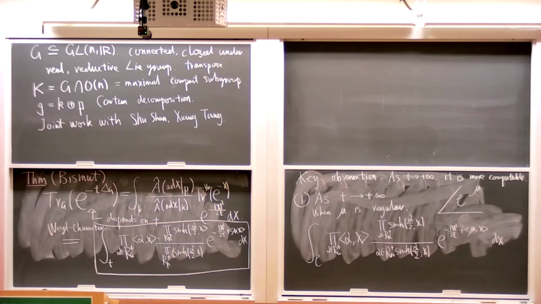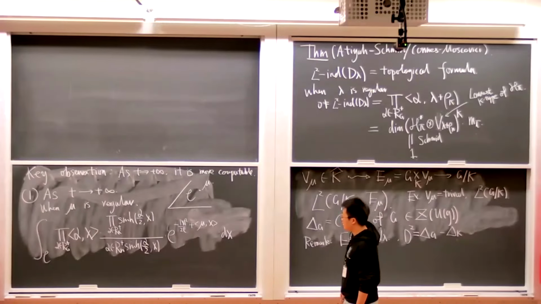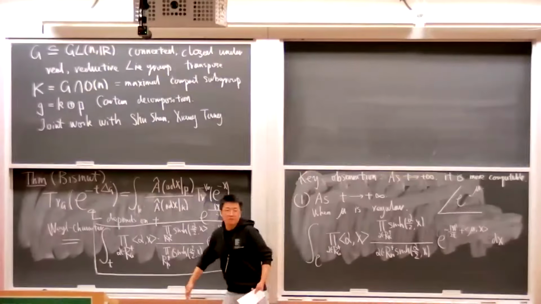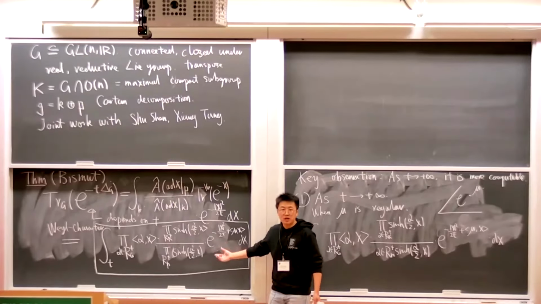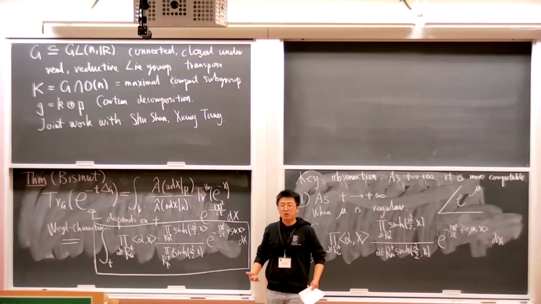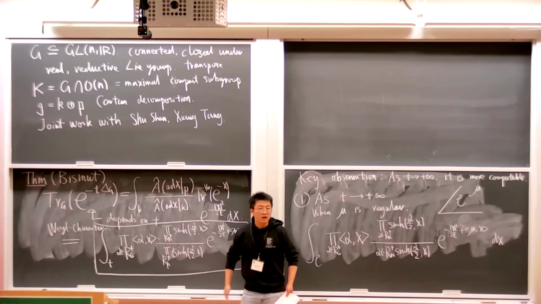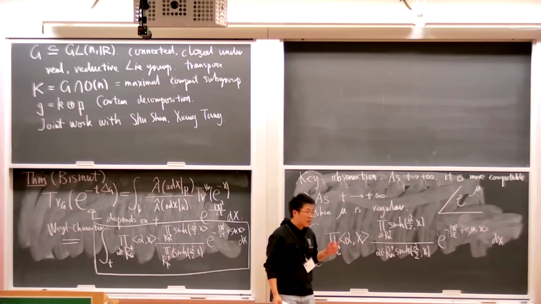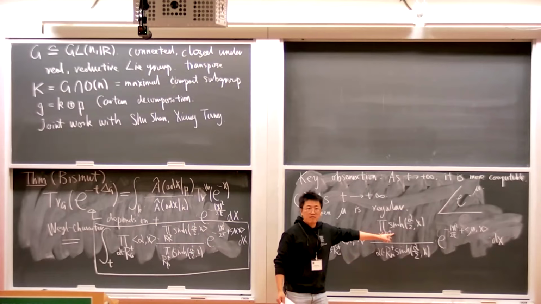Why is this good? If you look at the Bismuth formula, this is a polynomial term, which is not bad. This is a Gaussian term, which is not bad. What we don't like is this term. But if you restrict yourself to a positive Weyl chamber, as t goes to infinity, it tells you the asymptotic behavior, or the dominant term, for this term and this term.